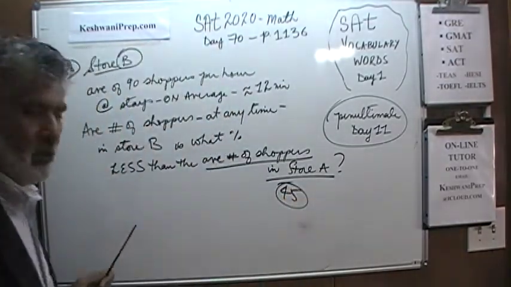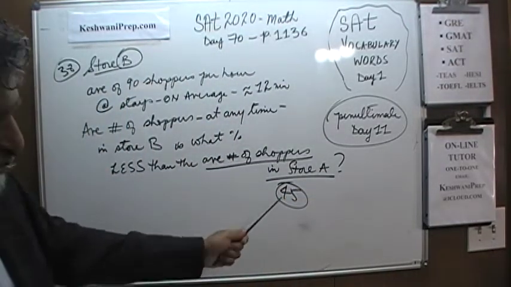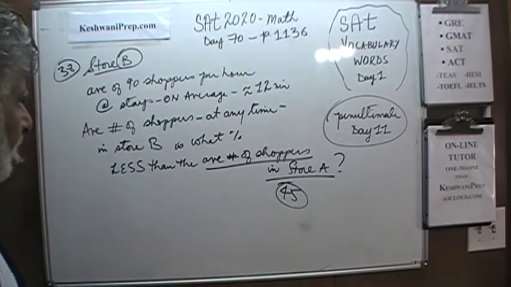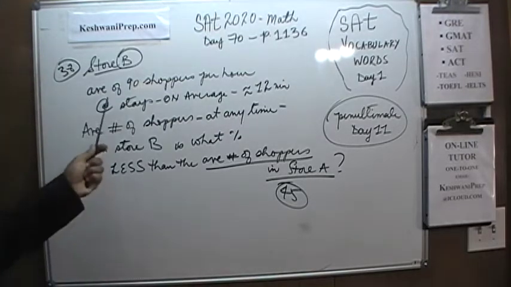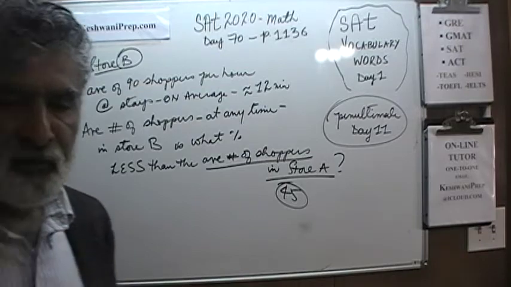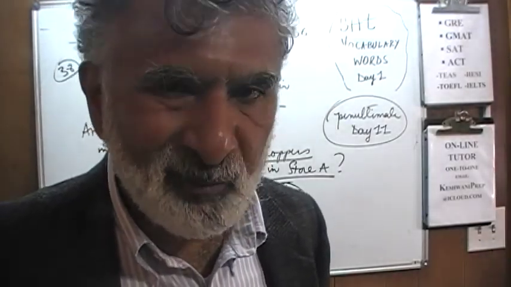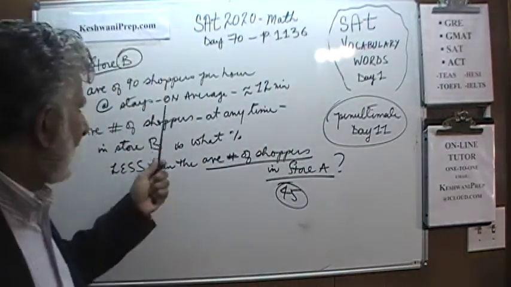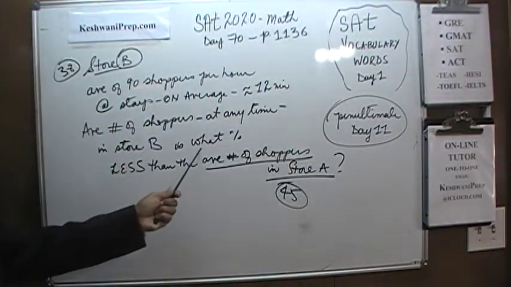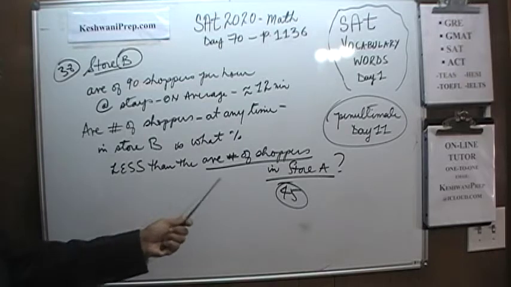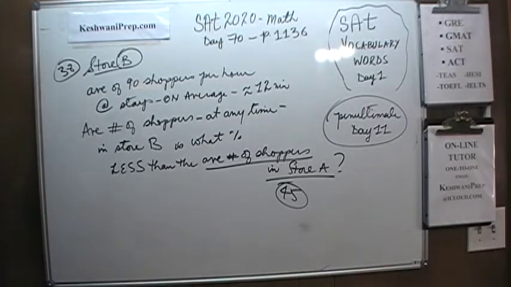This information is given in the beginning of the two problems. We just have to figure out the average number of shoppers we can expect to have in store B, and once we have it, all we have to figure out is what percentage less than 45 that number is.